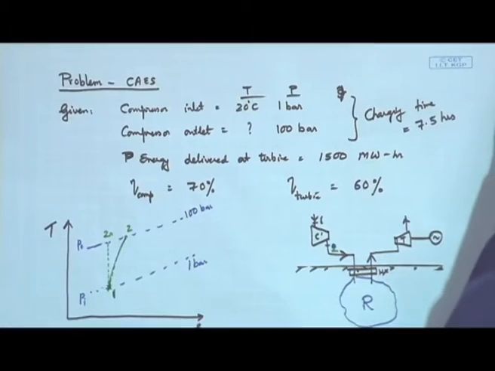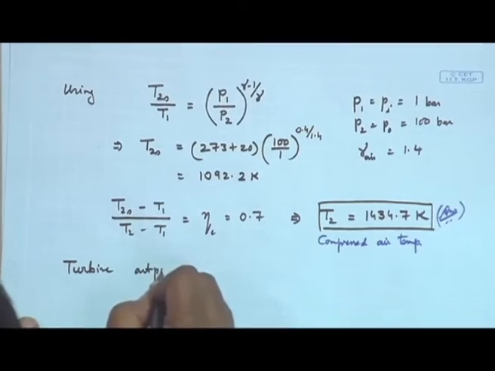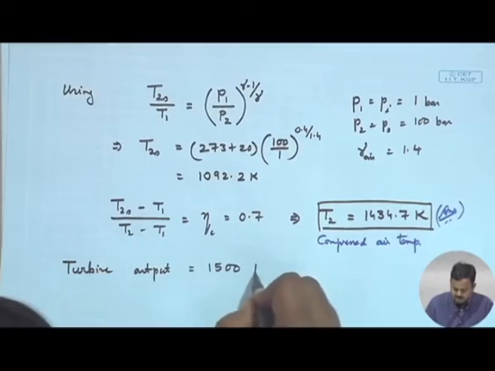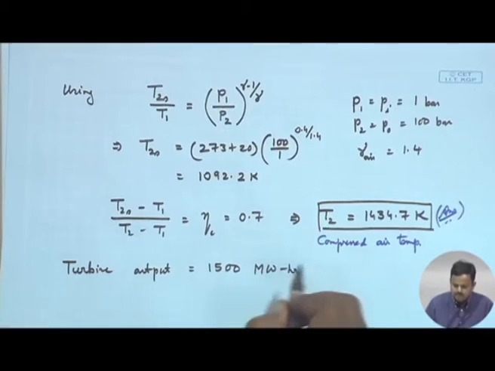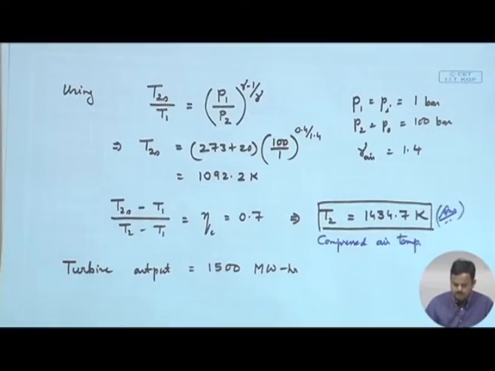Okay. So, what we will do next is, for a turbine output, what is given? It is given that the turbine output, in this case, and when I say turbine, it is the peaking turbine, is 1500 megawatt hour. Right.